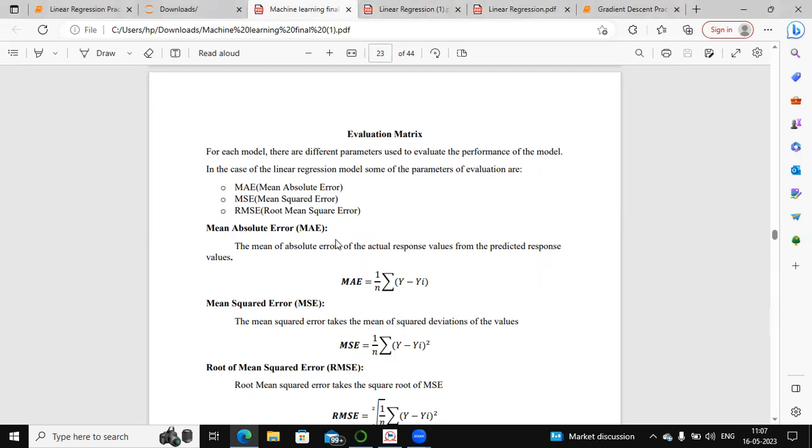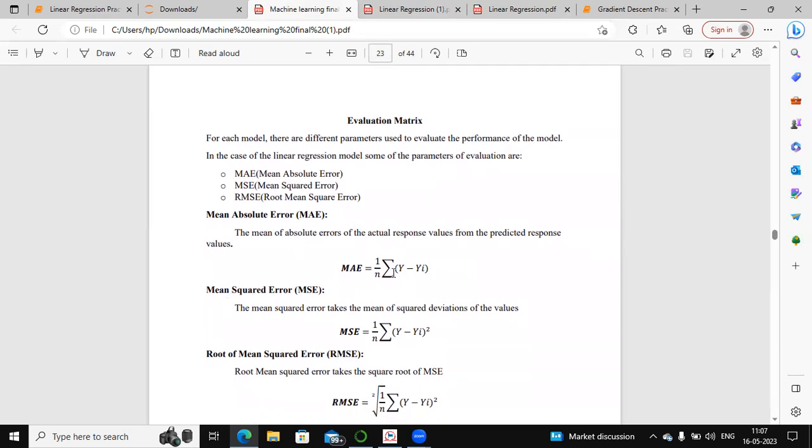Mean absolute error is the mean of the absolute error of the actual response values from the predicted response values. To understand it, first you calculate the absolute error, that is, the absolute value of y minus y cap, and then you apply the mean.